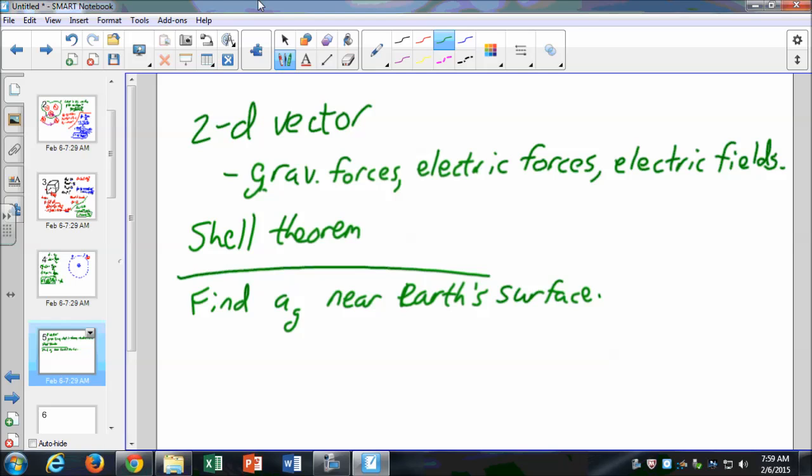Gravitational potential energy. How did we do with that? Let me look at the homework right quick. So you had a homework problem like this, number 7, where you find the gravitational potential energy of a collection of mass particles.